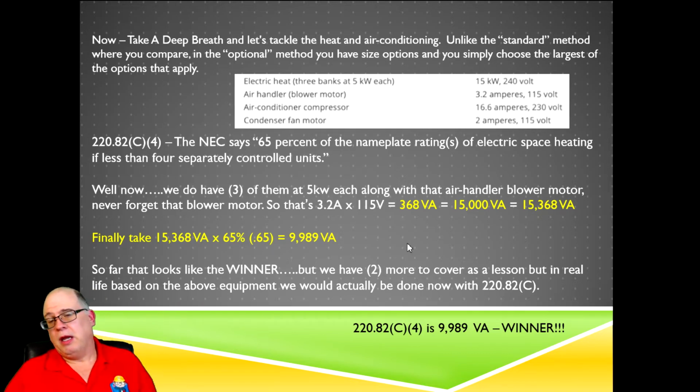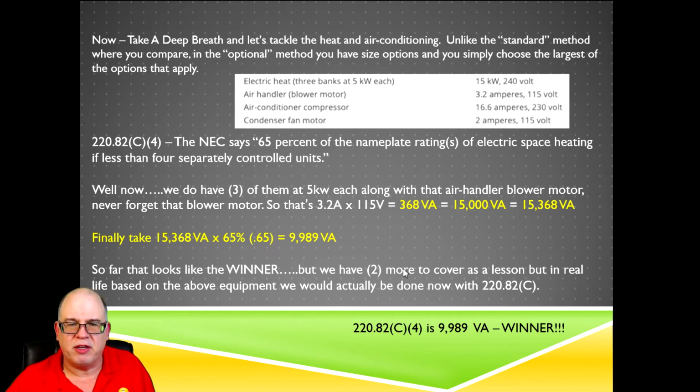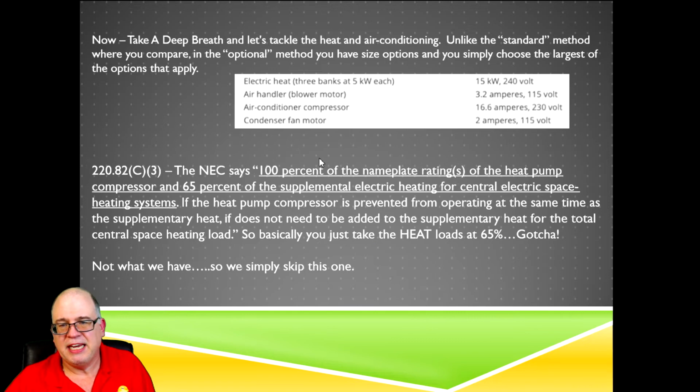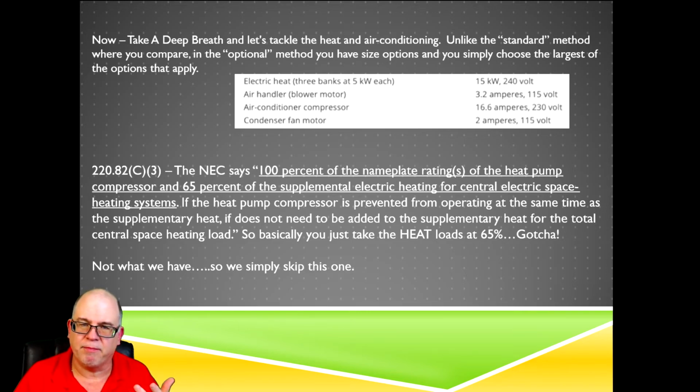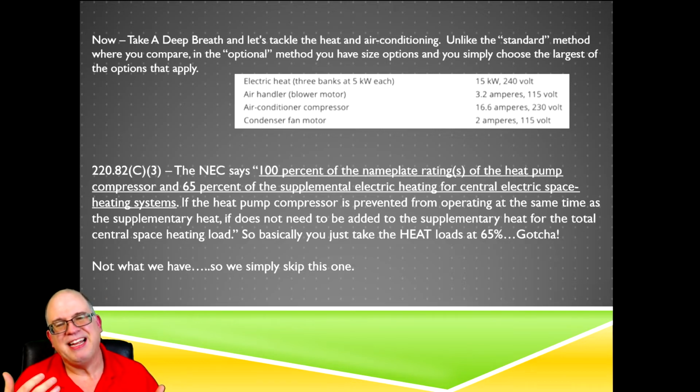Now, I could have easily said that this was supplemental heat and that you considered it supplemental heat, and I could have used the option previously here. The only difference is if I didn't tell you that one of them doesn't cut on when the other one's on, then I would have had to take the heat pump portion at 100% and the heat part at 65%, and I would have to count both. Now, if I told you again that they're not both on at the same time, then I can go with the heat and do it at 65%. That's what it says in the code.